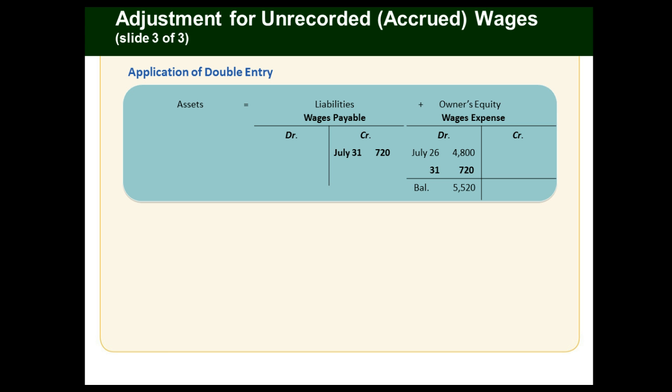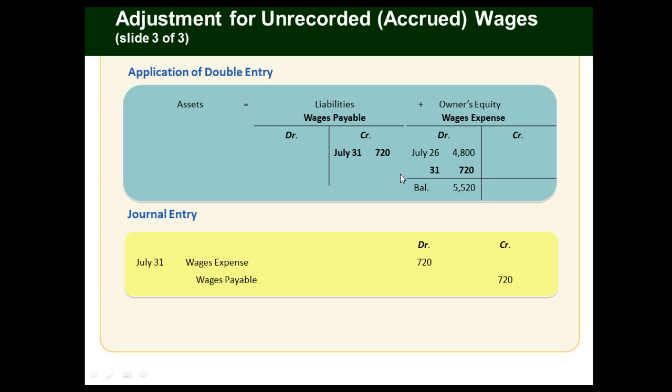We show on July 31st that we have accrued $720 of wages, but we haven't paid them yet. So we show a journal entry with a debit to wages expense of $720 and a credit to wages payable, because we need to pay them, of $720. That's a type of accrual expense.